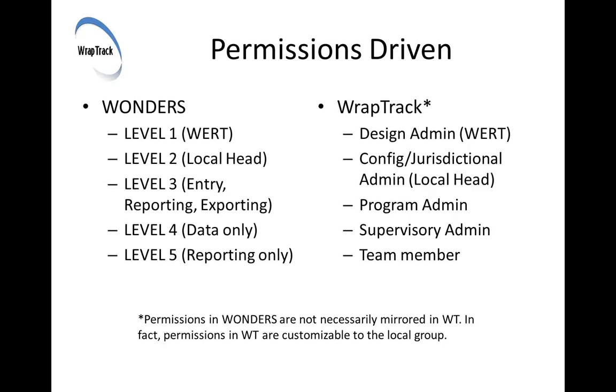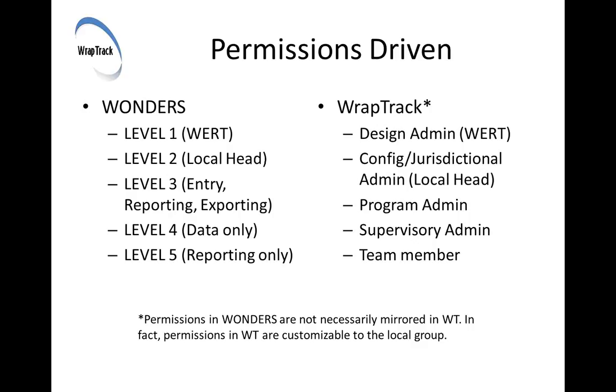Okay, so let's talk a little bit about the permissions in WrapTrack versus what you used to experience in Wonders. In Wonders, there were very rigid levels 1 through 5, and these permissions were not flexible at all. It was very strict in terms of who could access what information. The local head, level 2 folks always had the ability to see all of that information.